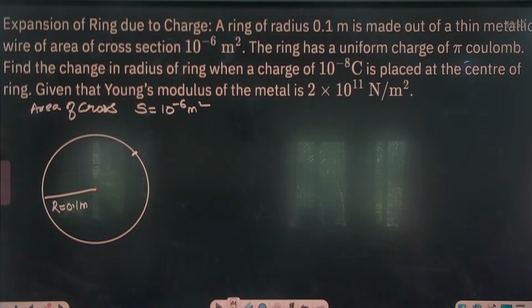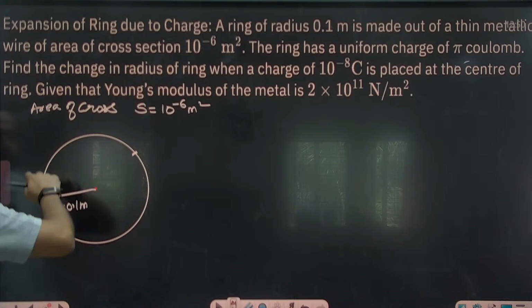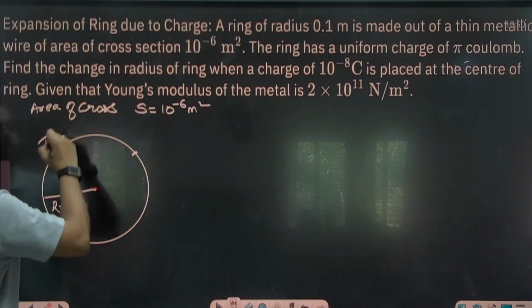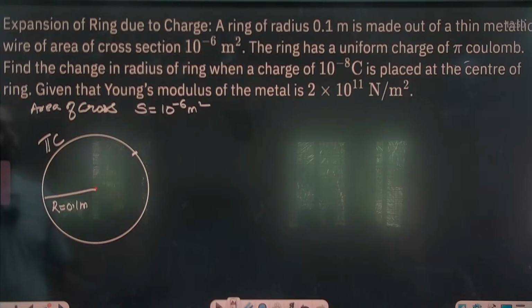What does that say? The ring has a uniform charge of 5 coulombs. The ring has a uniform charge of what? 5 coulombs. And then what does it say?